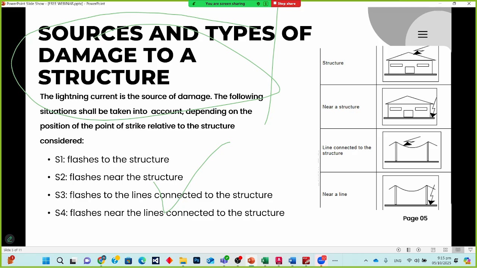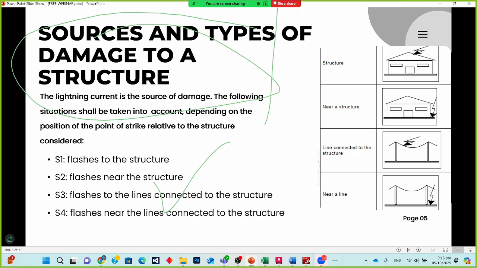This is the second source of the strikes, and the third one is the flash to the lines connected to the structure. The HV line, the electrical transmission lines connected to the structure, and the strike is on those lines.